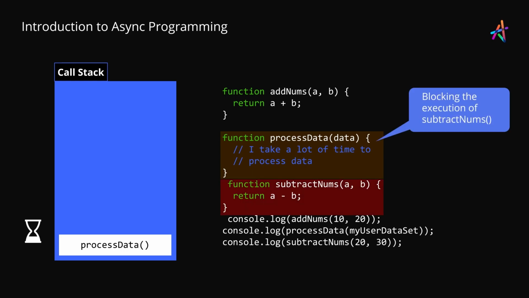So processData here is blocking the execution of subtract_nums, and this can be a problem if you have several such functions that can choke up your thread. It is also important to note that your browser uses the same thread to update the UI and offer interactivity. So a long-running blocking function will block and hang up your web page for the user.